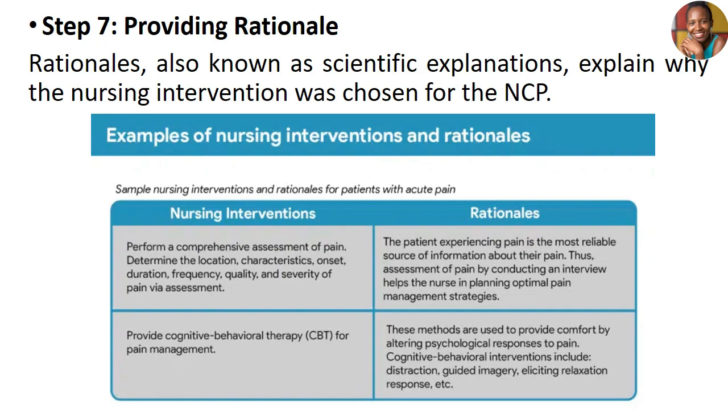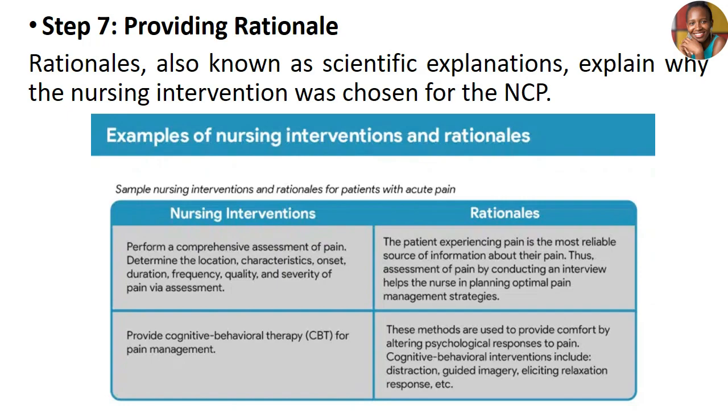So for example, let's use this care plan that was written by a nurse somewhere, where they had the nursing intervention where she will perform a comprehensive assessment of pain, where she will determine the location, characteristics, onset of the pain, duration, frequency, quality, and severity of the pain via the assessment. The rationale why she picked this intervention, according to the nurse at that particular time, is that the patient experiencing pain is the most reliable source of information about their pain.